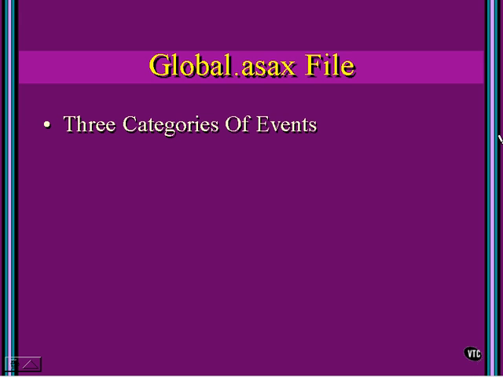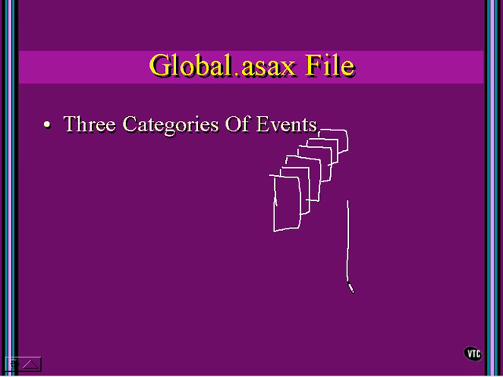Now, if you want to think about the global ASAX file, let me give you a little picture here. Here's all the files in our web application. So these are all the pages that the users see and hit as they surf through our website. And there could be hundreds of these things.